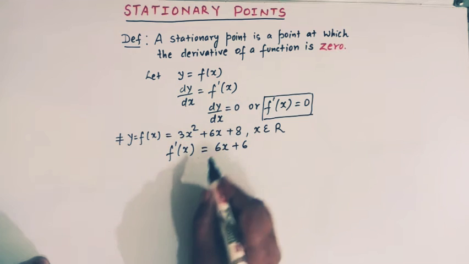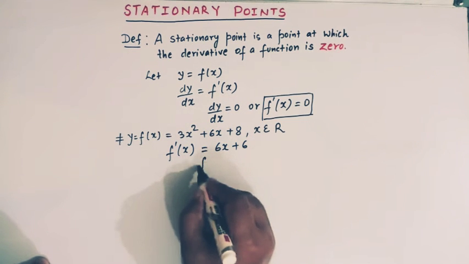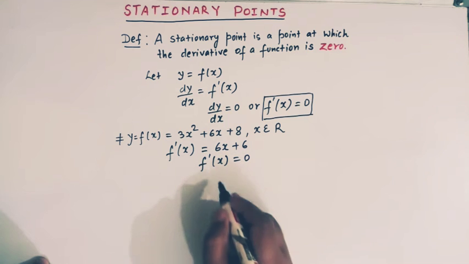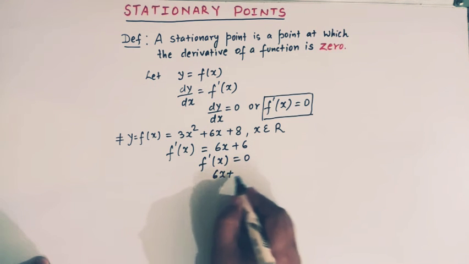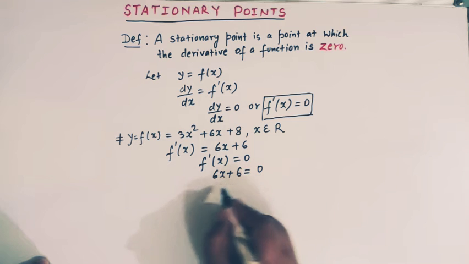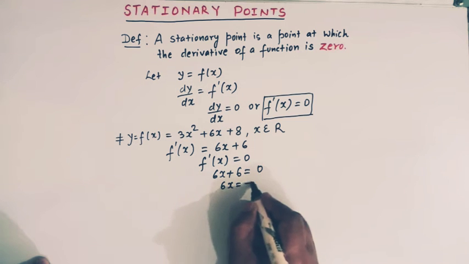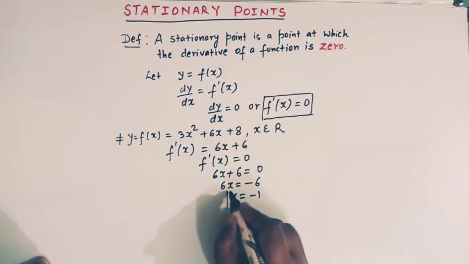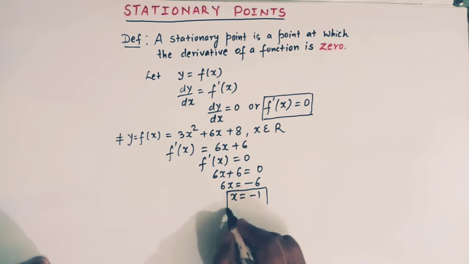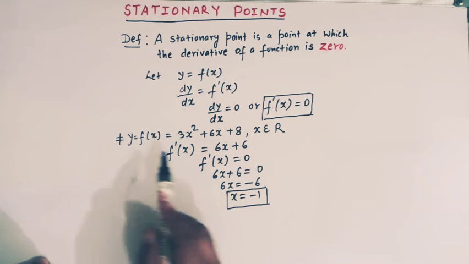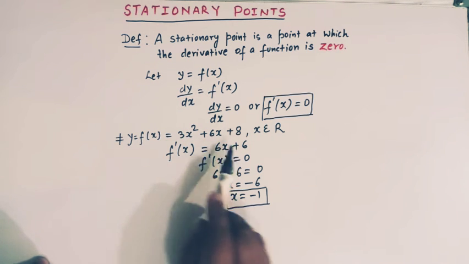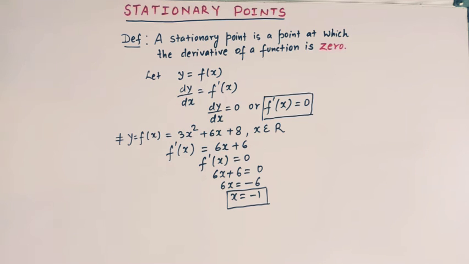Now the stationary points are obtained by solving this equation, f prime of x is equal to 0, so we have 6x plus 6 is equal to 0, 6x is equal to minus 6, and x is equal to minus 1, right? So x is equal to minus 1 is the stationary point for this quadratic function, right?